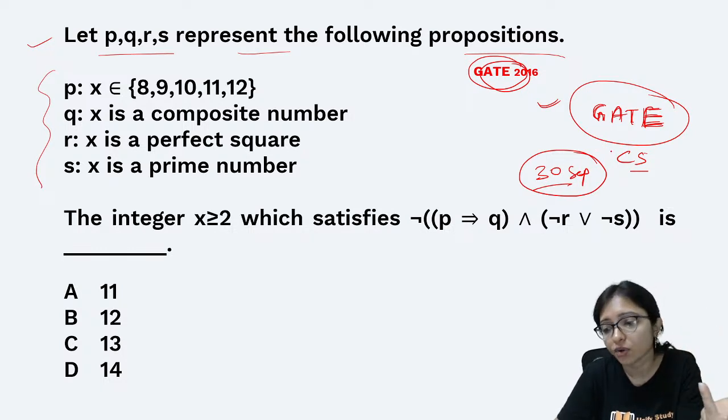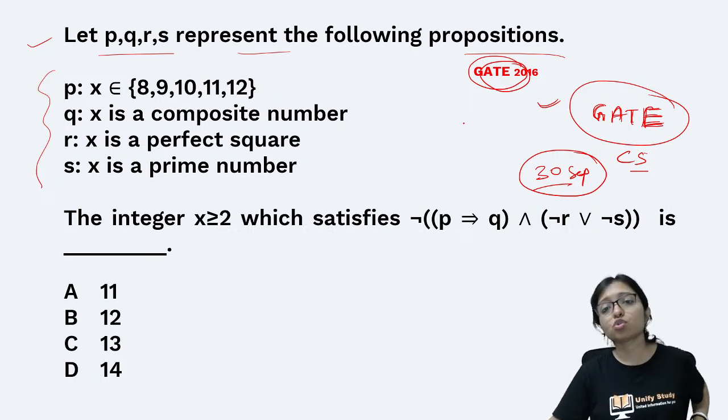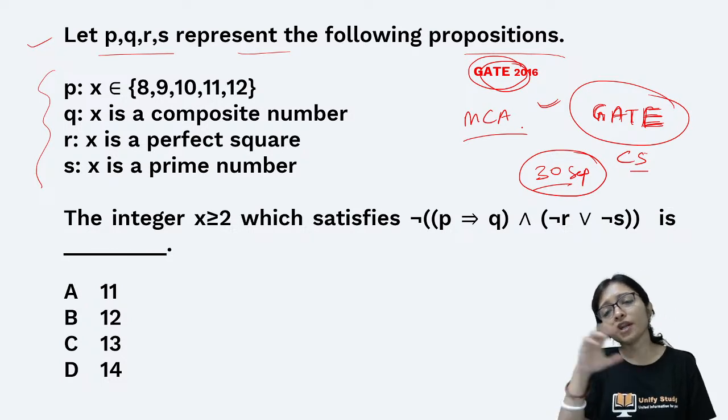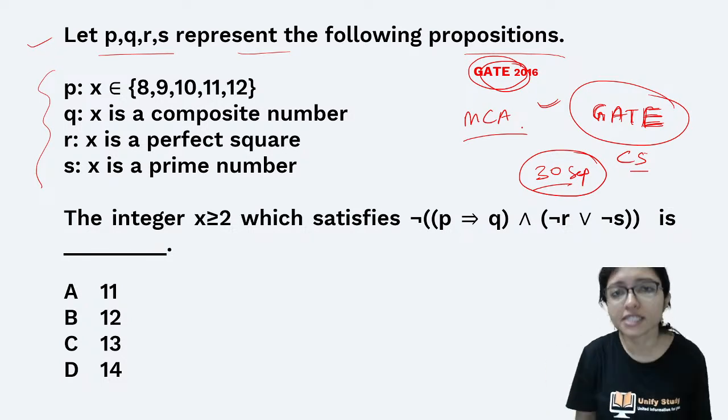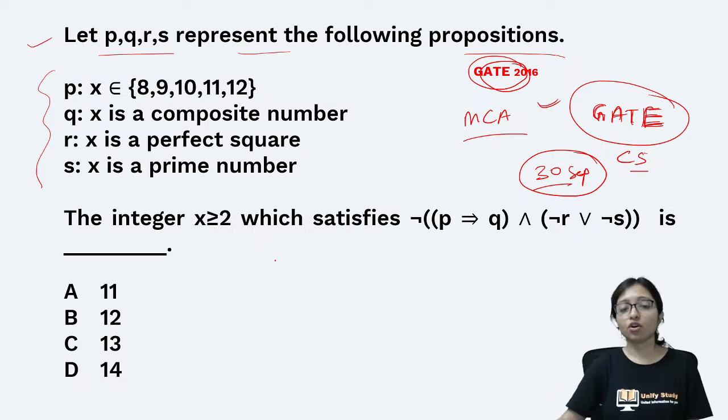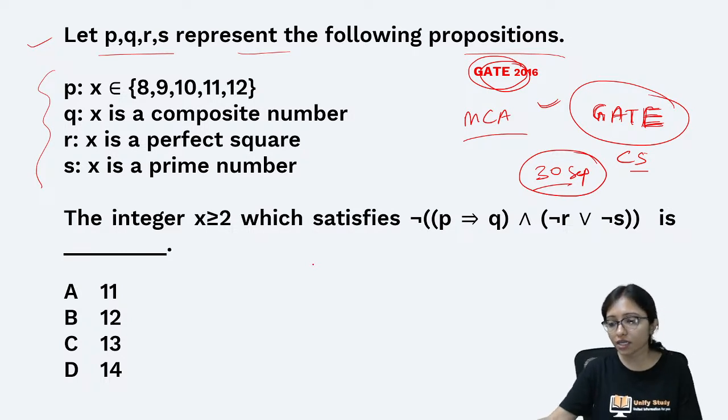You can start your MTech also. Those who are only MCA, I will suggest them definitely to prepare for PhD. Definitely either MTech or PhD, any one of them, try to do it. What is the use of the GATE exam?